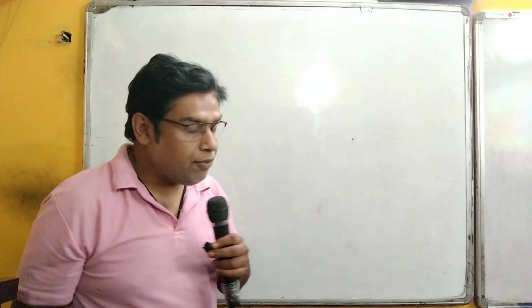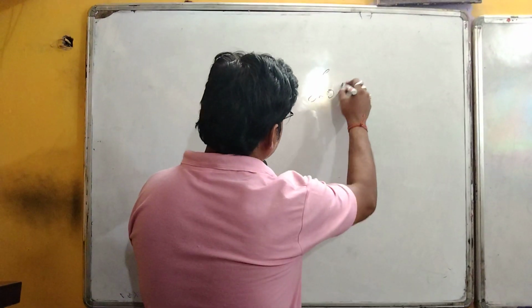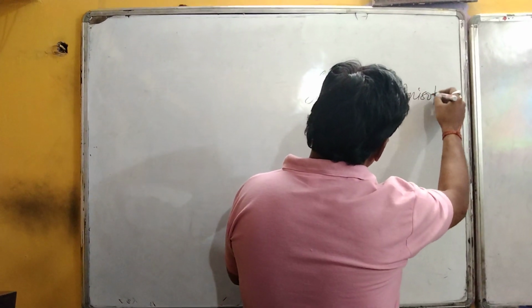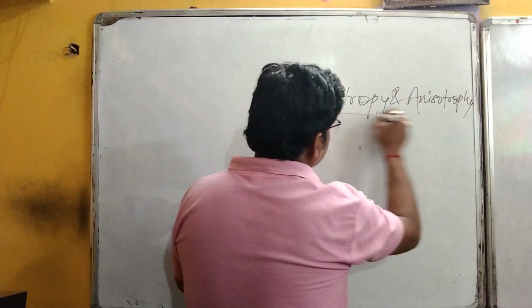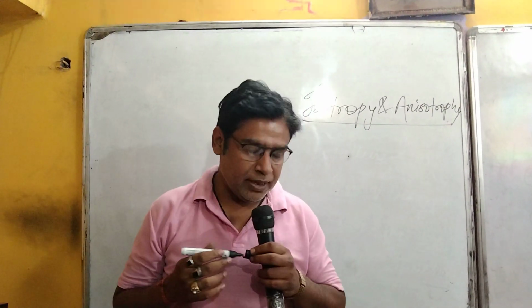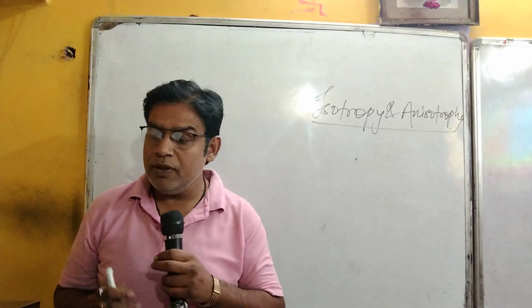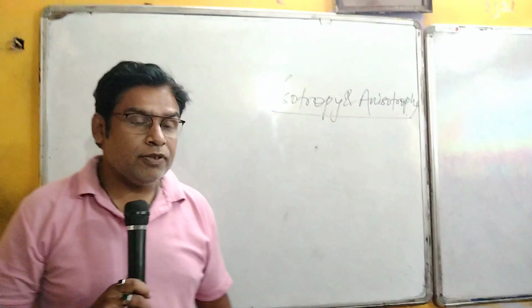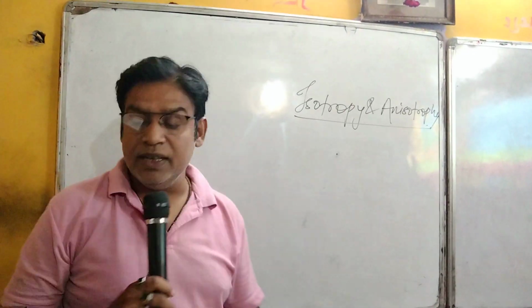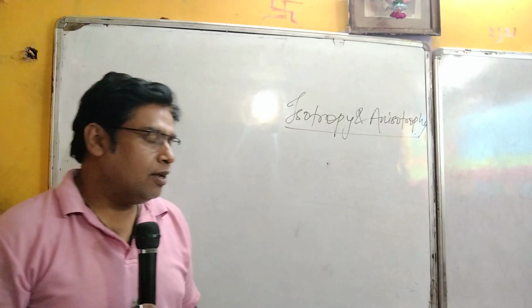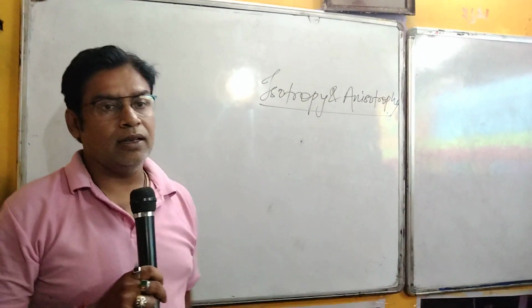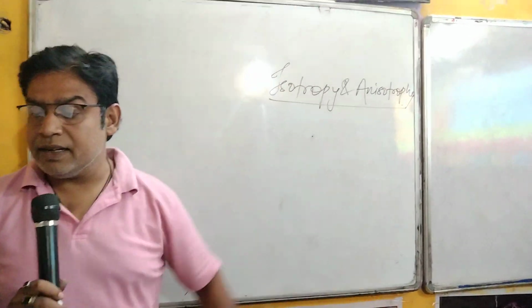Now see, if I talk about isotropy and anisotropy, in the case of amorphous substances, some properties like electrical conductivity, refractive index, thermal expansion are identical in all directions, they are the same in all the directions.